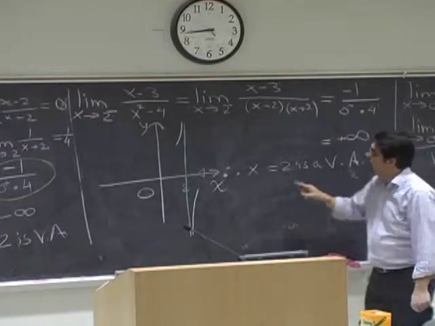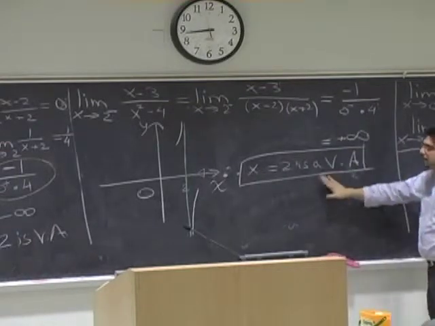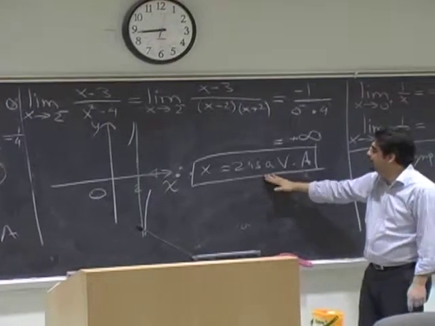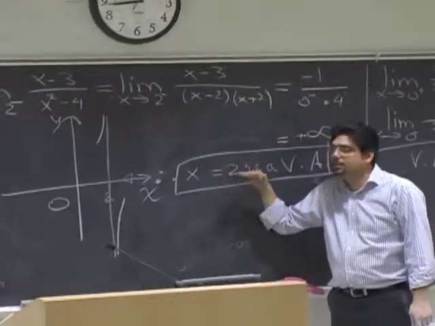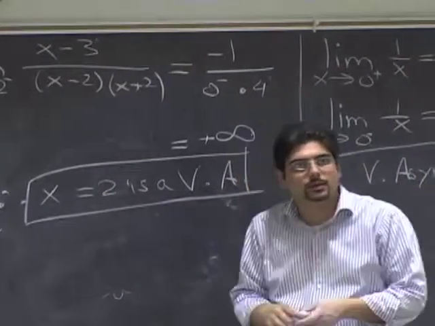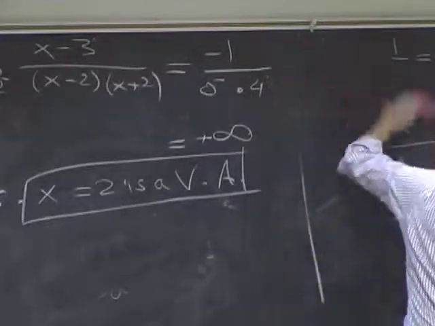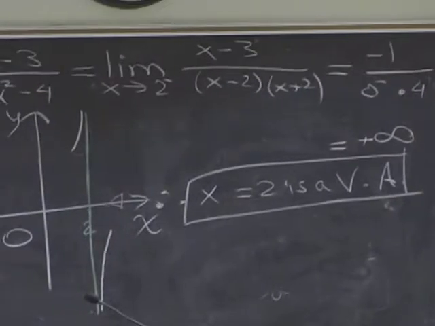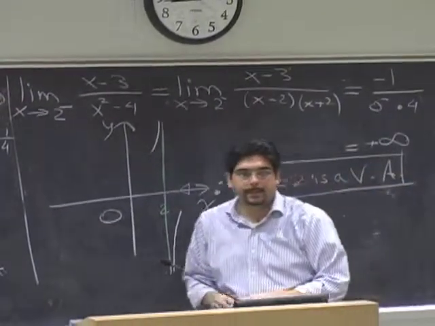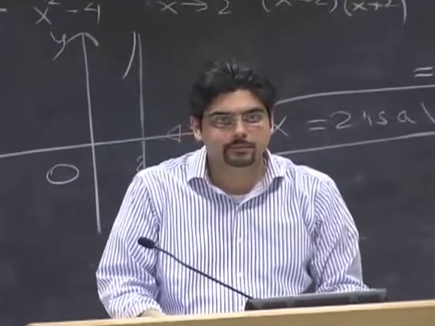Okay. So just like for a horizontal asymptote, to say that you have a vertical asymptote by itself is not enough. You want to study which infinities are on which sides. You have to do it for both sides. Yes? Why don't we also have an asymptote at negative 2?